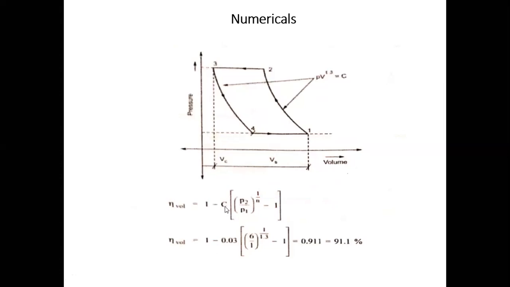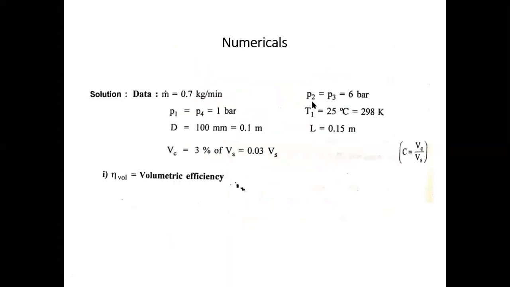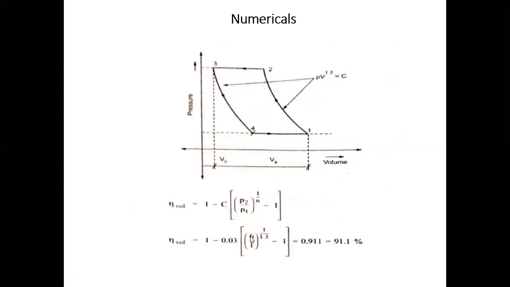The value of clearance ratio, that is Vc by Vs, is 0.03, and pressure ratio is 6, as P2 pressure is 6 bar and P1 pressure is 1 bar. So this is 6 divided by 1 raised to 1 upon the index of compression, which is 1.3, minus 1. We get the final answer, that is 91.1%.